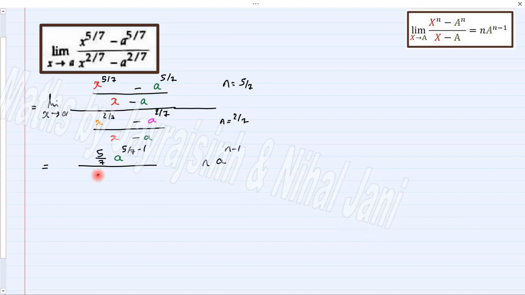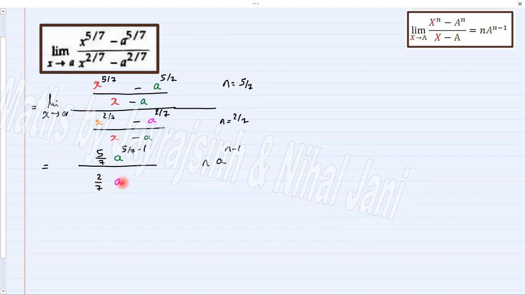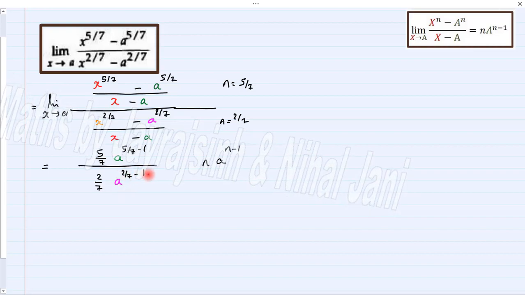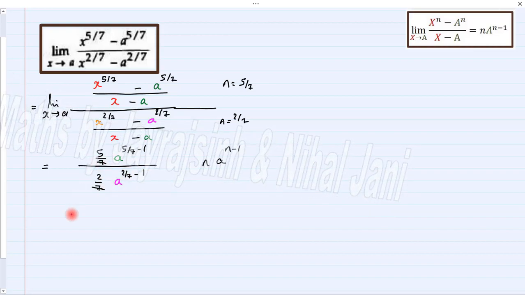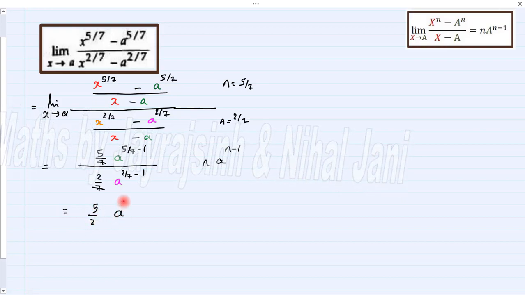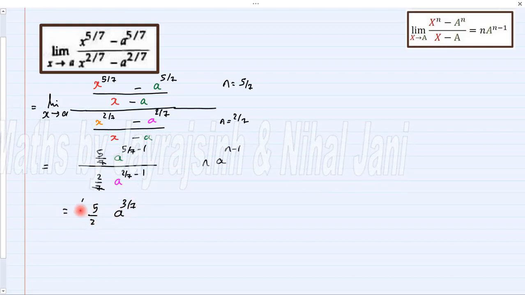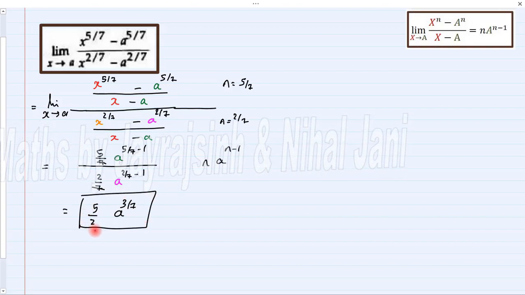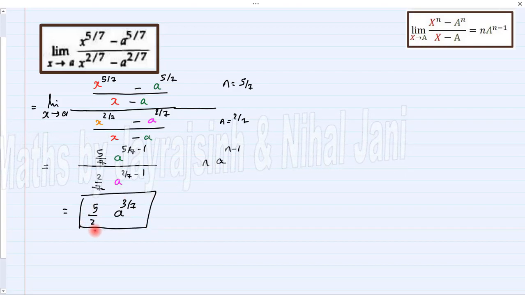So you will get 2 by 7 a raised to 2 by 7 minus 1. So this by 7 you will cancel out. We will get 5 by 2 a raised to 3 by 7 as a final answer. Ta-da!